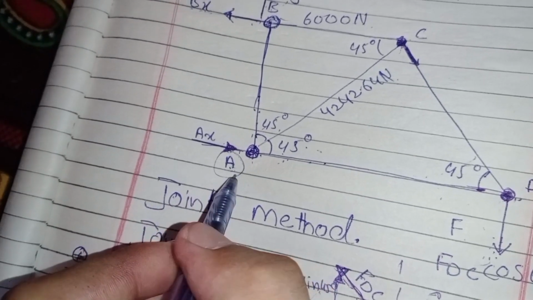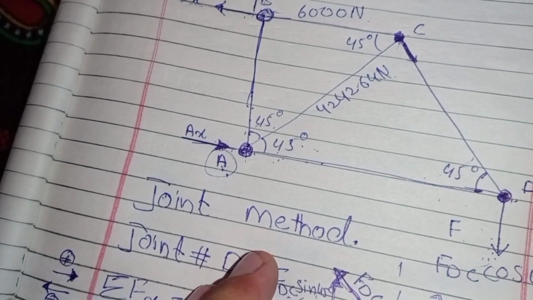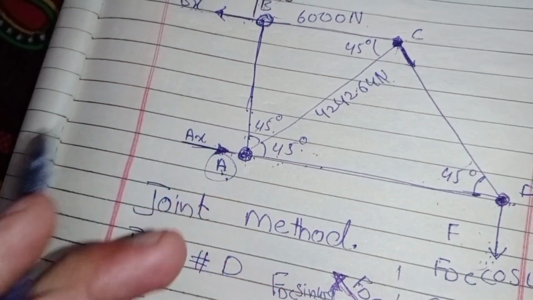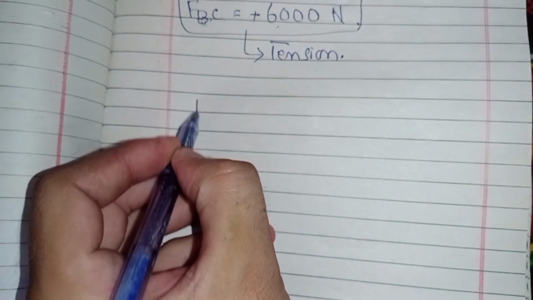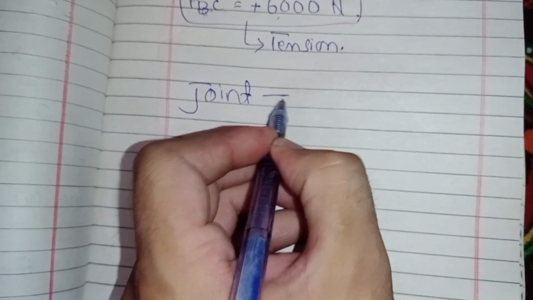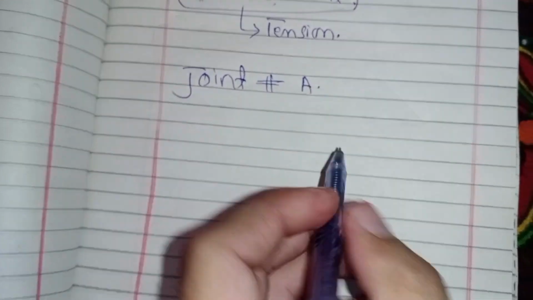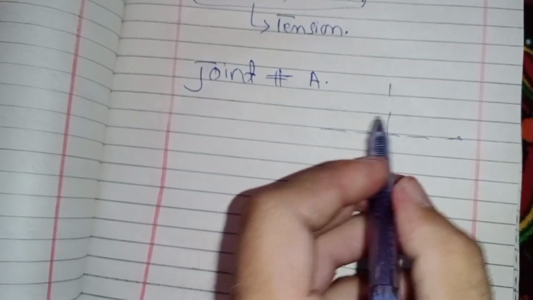We have to take this joint. So I take joint A. I write it in the XY plane.